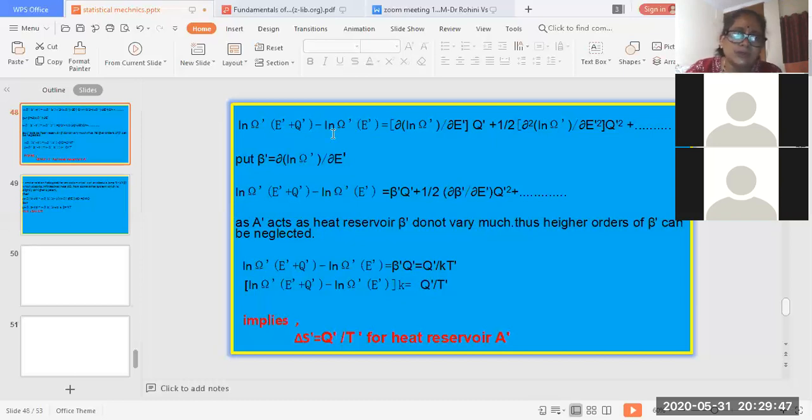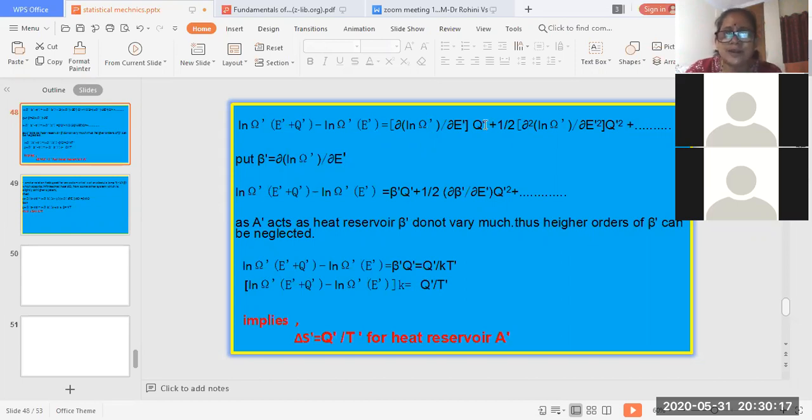This change is very small, as you already defined earlier, so that's why I am expressing this in terms of a Taylor series. What is the Taylor series? The first factor is the differential of ln of omega dash with respect to E dash, times Q dash. So Q dash makes the difference here, that is the variable.